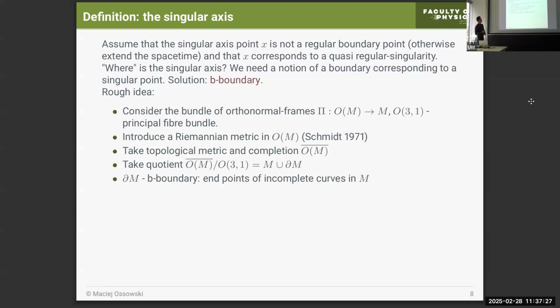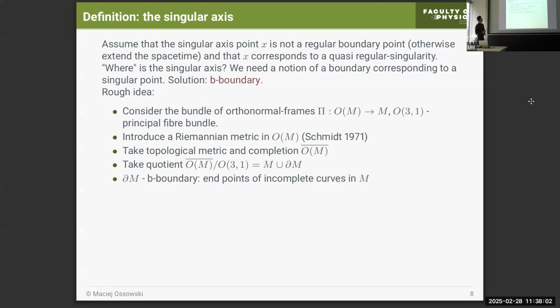To do that, we pass from the tangent bundle to the bundle of orthonormal frames on the manifold. So what is this bundle? The fiber above any point of the manifold in this bundle is just the set of all frames above this point. And actually, this is just a principal fiber bundle with a group structure, which is the Lorentz group.